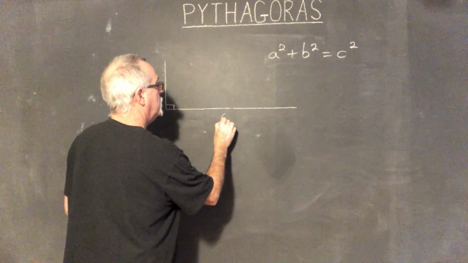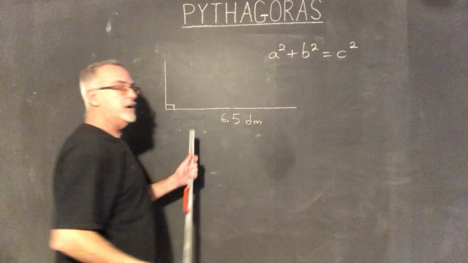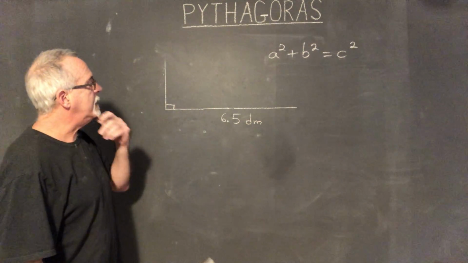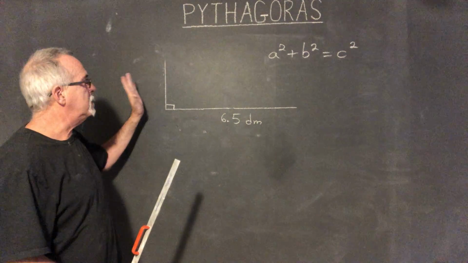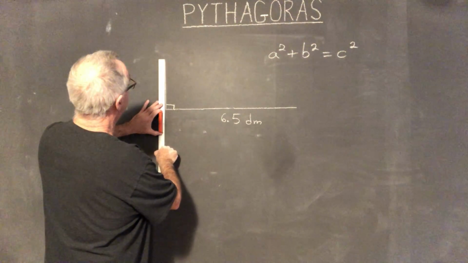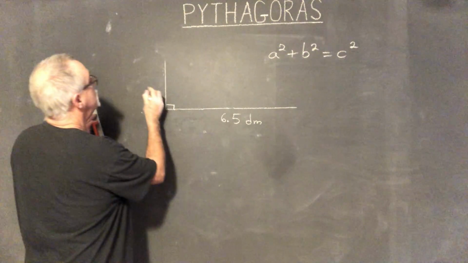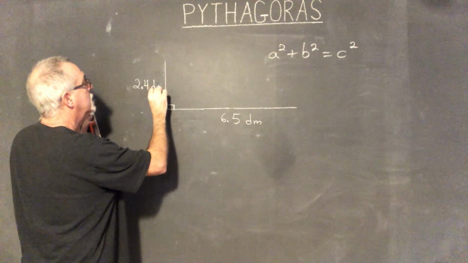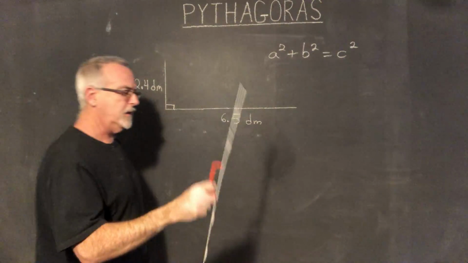That's actually 6.5 decimeters. And in fact, I'll write in a unit this time. So it's decimeters again. We're back with these decimeters because that line is a useful length to me. That's 6.5 decimeters. This one was 3 decimeters, 30 centimeters, but I've erased part of it. So I'm just going to measure it, and I'm going to say that is 2.4 decimeters. Okay, so it's again the hypotenuse we're looking for, and this is not long enough.